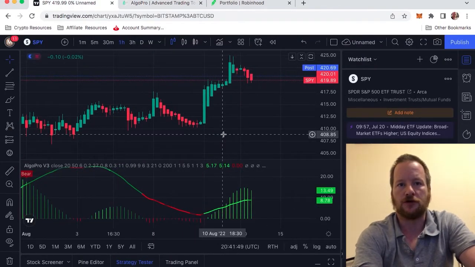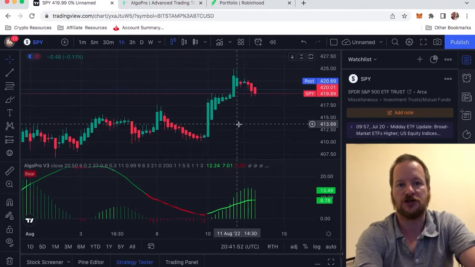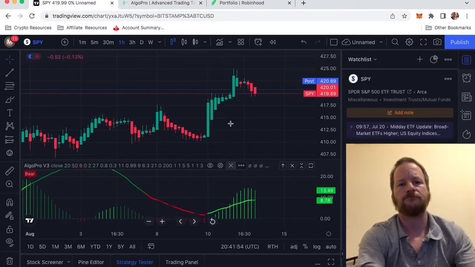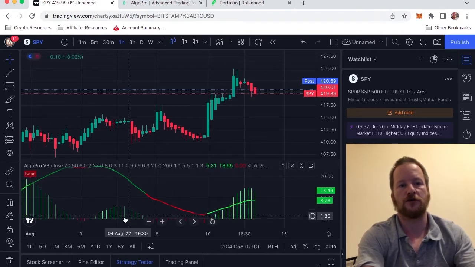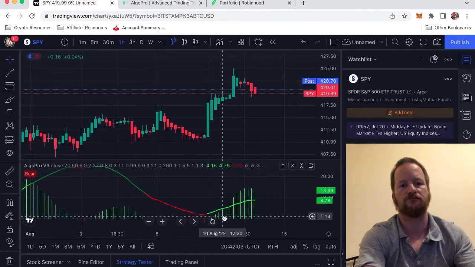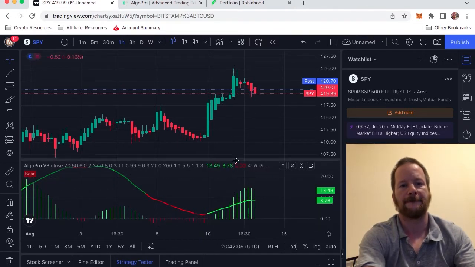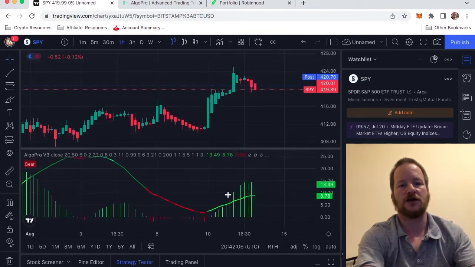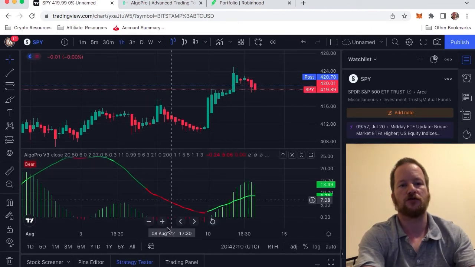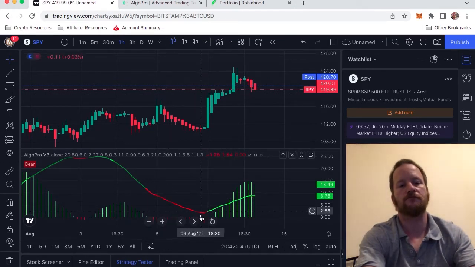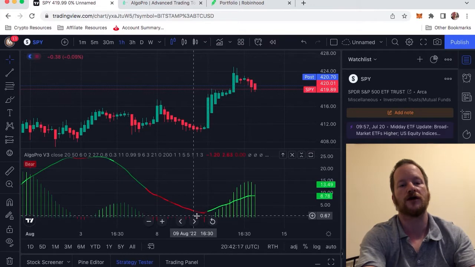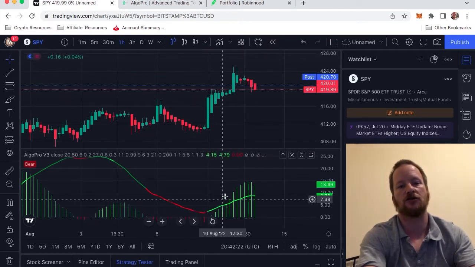What we want to focus on for this strategy using just this indicator is the lines down here, and we want to focus on the dark green and the dark red. So basically, when it goes from light red to dark red, that's usually an indication that right after that it's going to start going up.